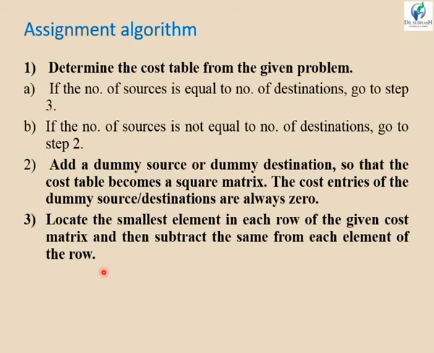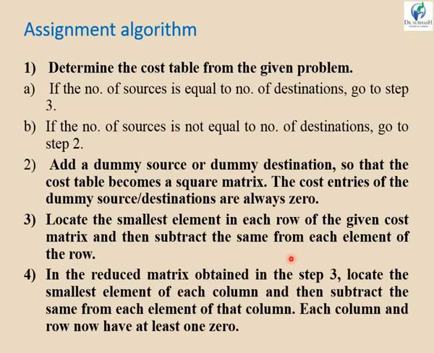Suppose there are 5 elements in row 1: 2, 3, 4 and 5, and 1. From that row, the smallest element one needs to identify, and that is 1. So subtract that 1 from all the other elements, and you will get a new reduced matrix. That is our third step.